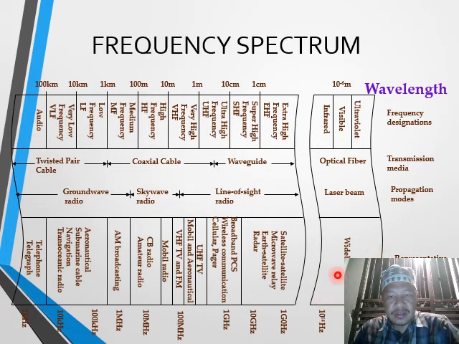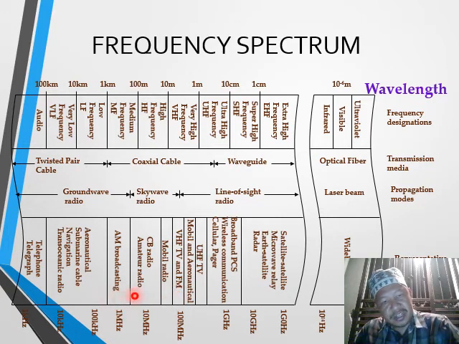On the other side, we have telephone, telegraph, AM broadcasting. Okay, so this is AM broadcasting, which we are interested in for this chapter, and we have FM, VHF TV, and FM, frequency modulated.